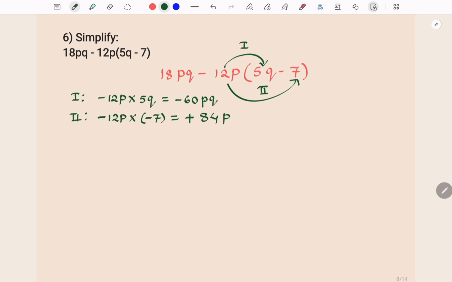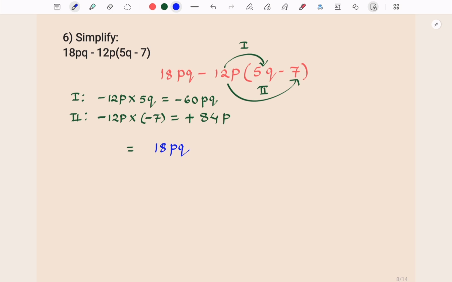Okay. Now, the next step is to write these terms with their signs. So, I will write 18pq, the term that is already present outside the bracket. Do not forget about this term.